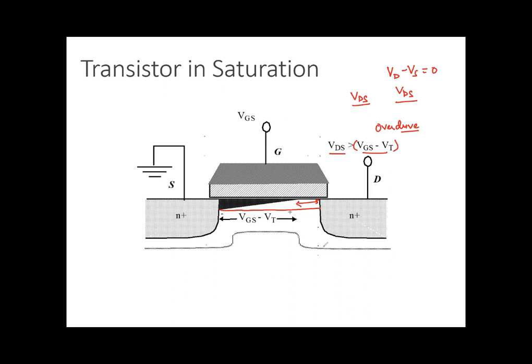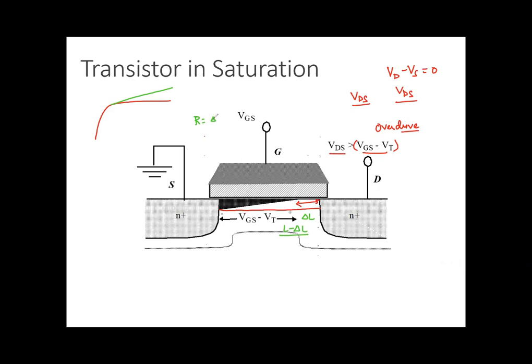So that causes the phenomenon called channel length modulation. Normally we assume the characteristics to be like this, but because of channel length modulation, your characteristics are like this, because we assume the length of the channel to be constant. But because of channel length modulation, there is this delta L and the channel length is going to be L minus delta L. So your resistance is going to be decreased.